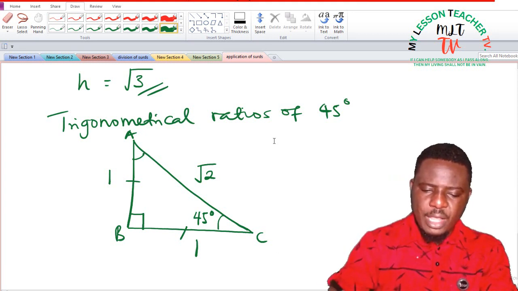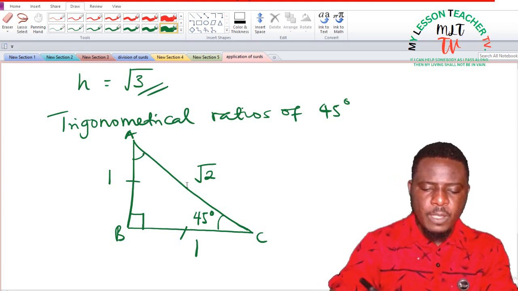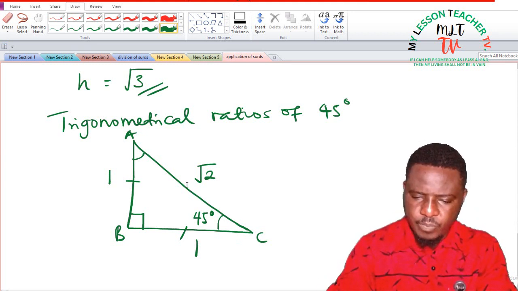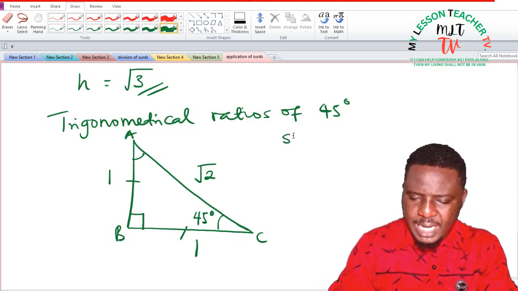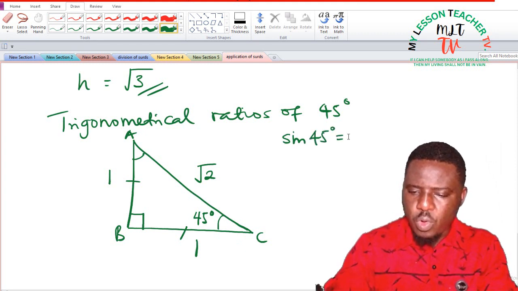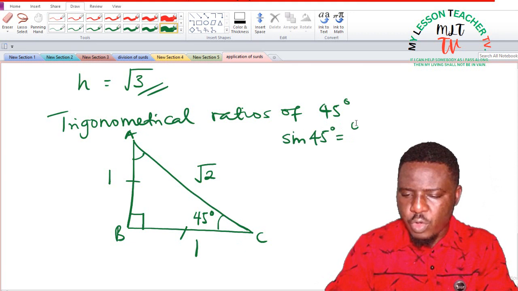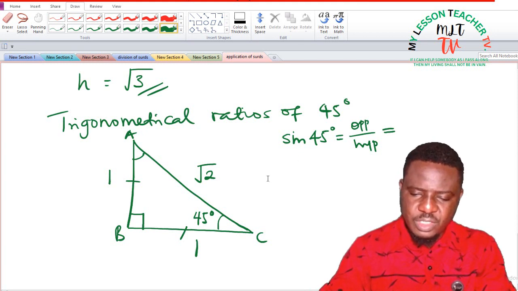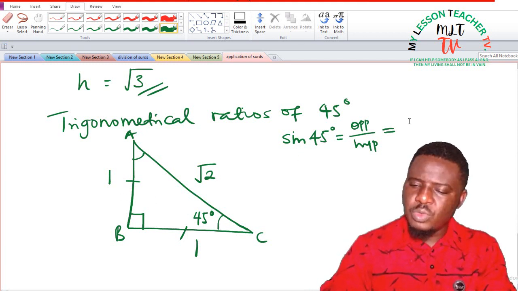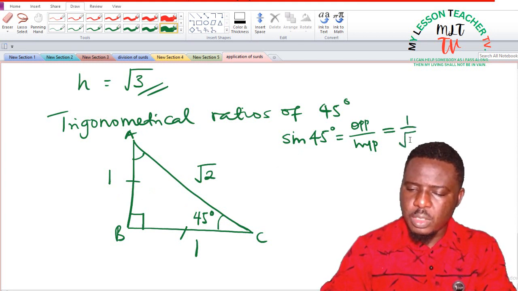So we can use an isosceles triangle to get the trigonometrical ratios of 45 degrees. So if we consider sine 45, which is equal to the ratio of the opposite side to the hypotenuse side, sine 45 degrees is opposite over hypotenuse, which is 1 over root 2.